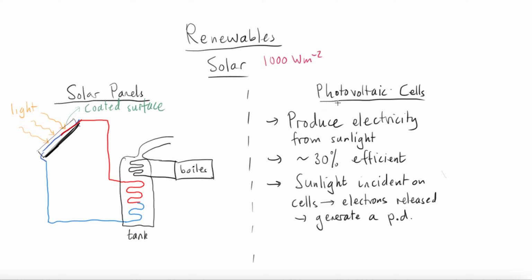However, what's happening nowadays is photovoltaic cells produce electricity directly from sunlight, and the efficiency is improving year on year, and right now the maximum efficiency is about 30%. What happens is you have the photons incident on the cells, releasing electrons and generating a potential difference which can be used to power electrical devices.